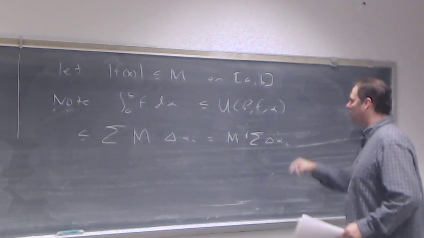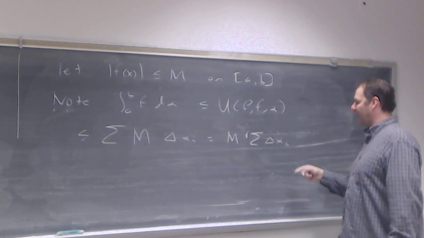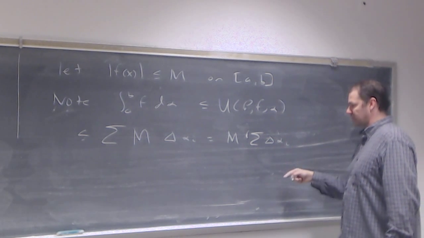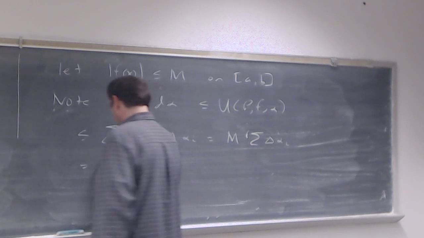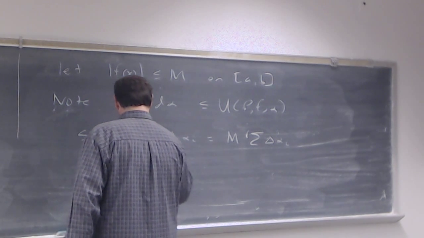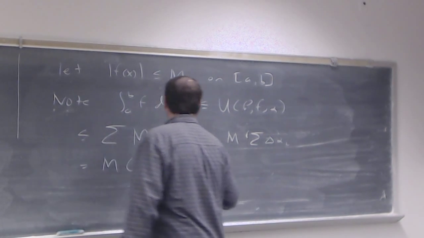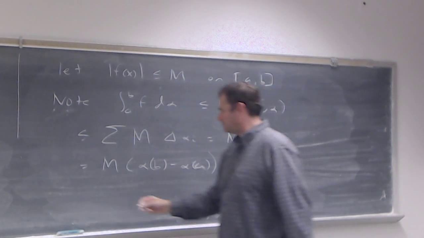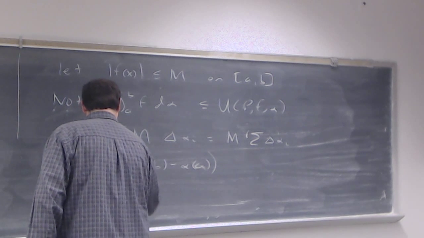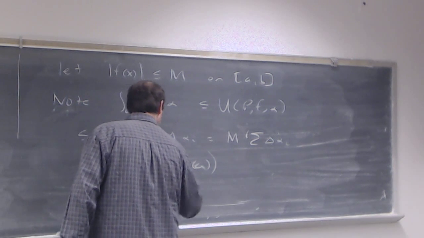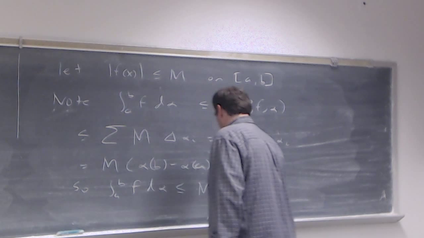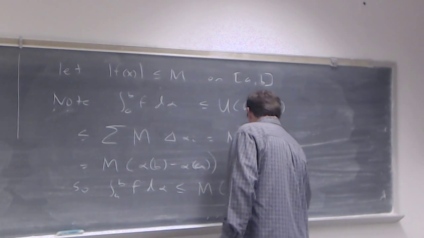But these Δα sub i will have cancellations that occur throughout this sum, and what they'll yield is just M times α(B) minus α(A). Okay? So we have that the integral from A to B of f dα is less than or equal to M times α(B) minus α(A).